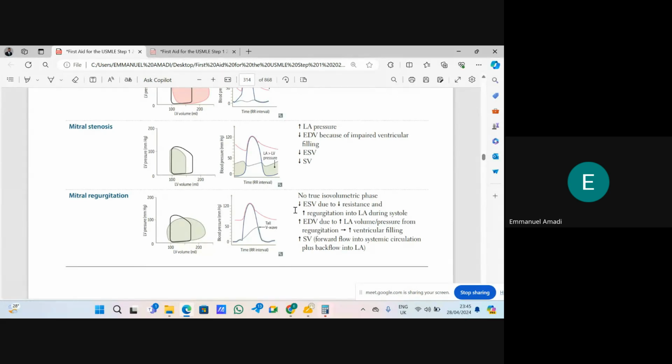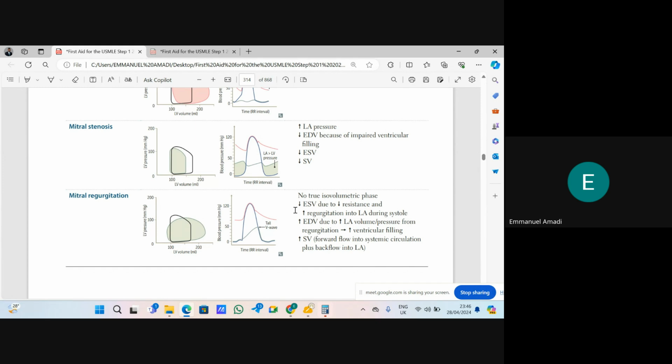When we get to pathology, I will tie in the tricky concept of stroke volume in mitral regurg. If you get a stroke volume of 600 mils in a patient that has mitral regurg, you need to be very careful, because what stroke volume is looking at is the amount of blood that is leaving the heart.